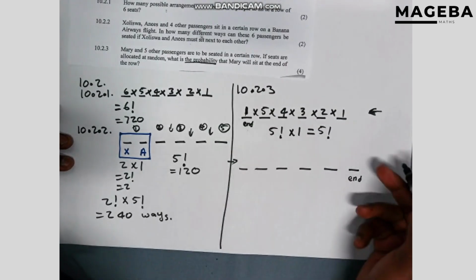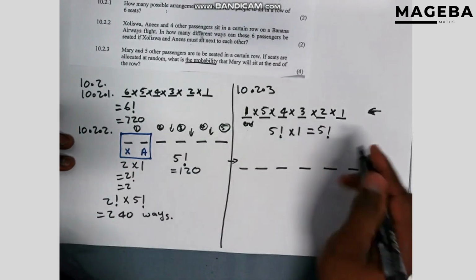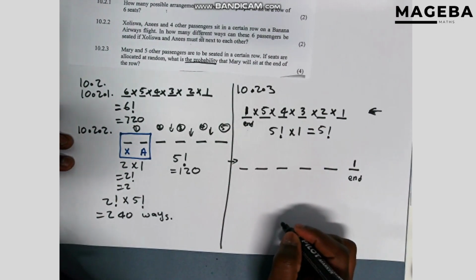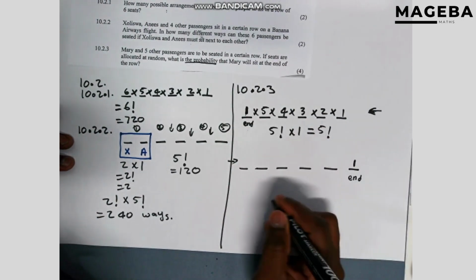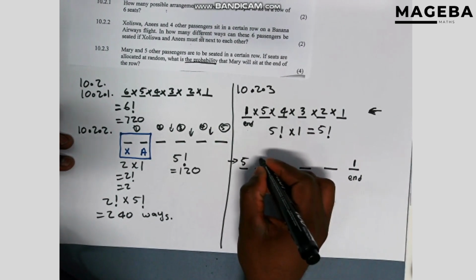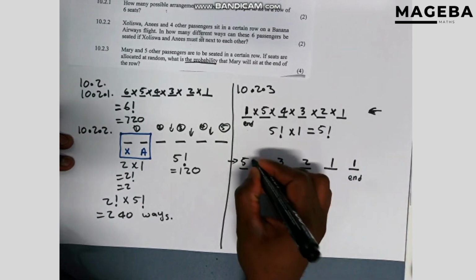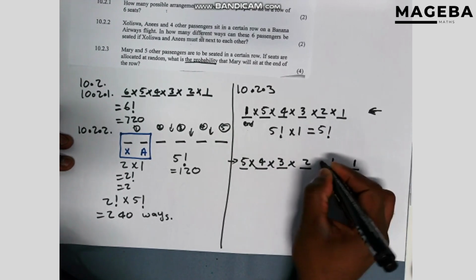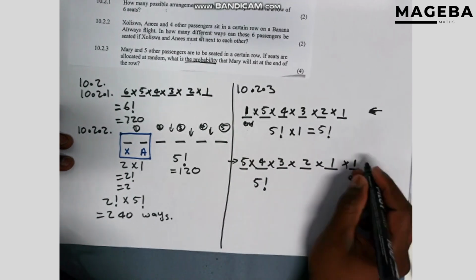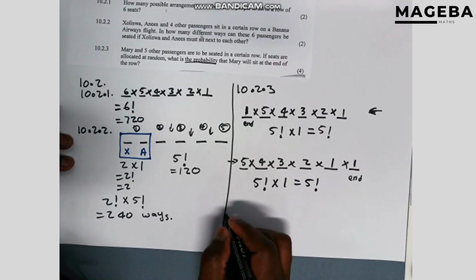And then coming from the other side, our end is here, so Mary just sits here. From here we are left with 5 seats, so it's 5, 4, 3, 2, 1, which is 5 factorial.